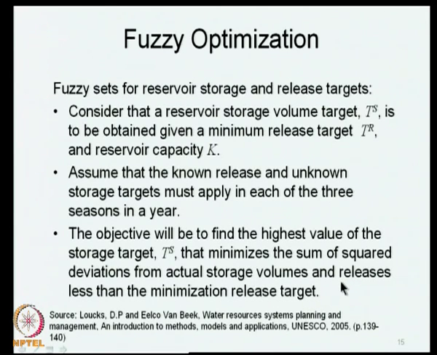That is, what we mean is that we set the target for release and then look at the minimum value of the deficits for the releases from the targets, and then look at the maximization of the storage itself. So, that is the idea here.